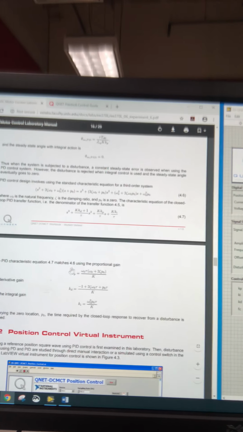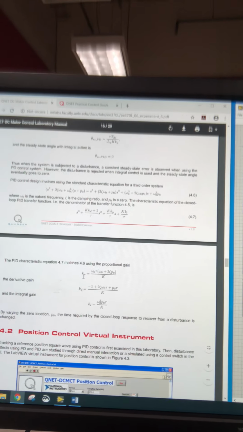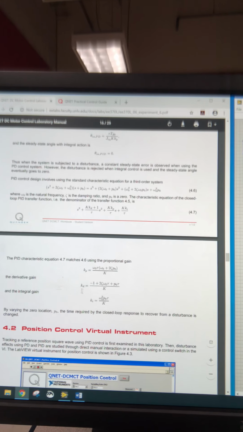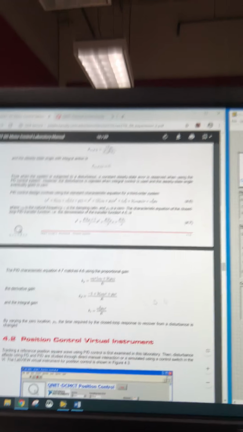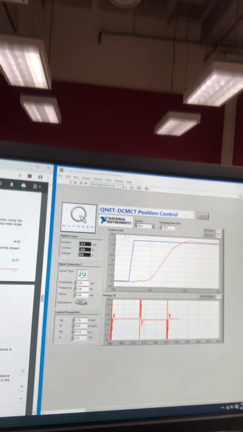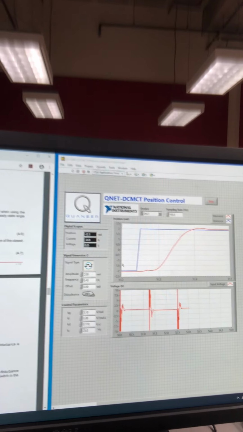And we already discussed the impact of increasing Kp and Kd on the system response, which is the gain.